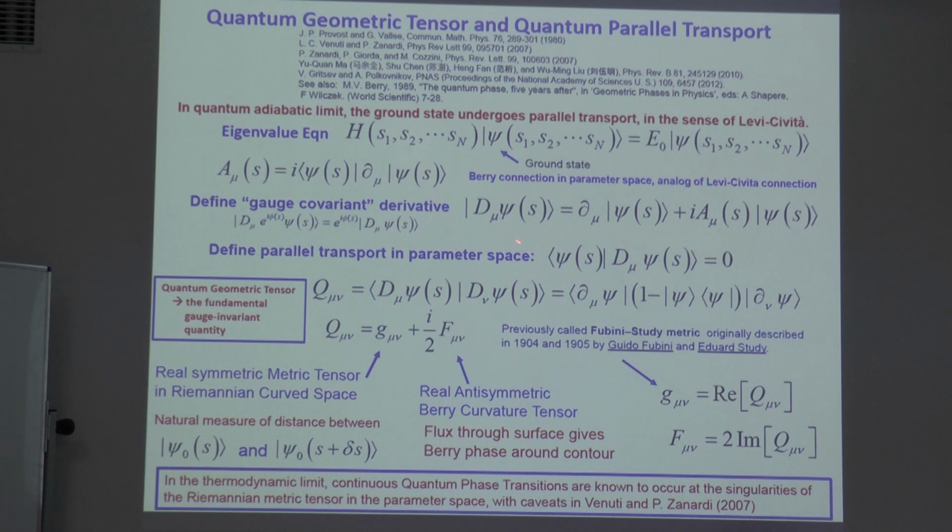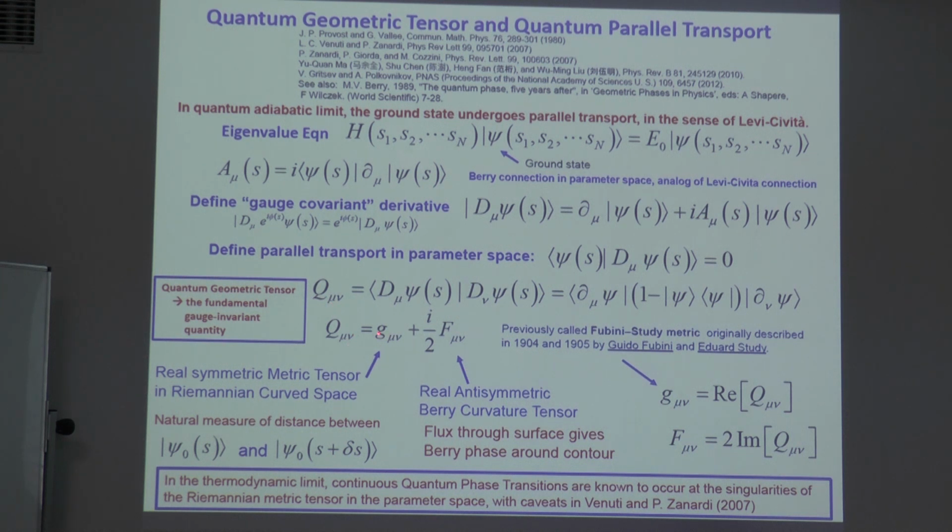And now that we have this concept of the gauge covariant derivative, there's this quantum geometric tensor, and just bear with me because we're almost there. It's the gauge covariant derivative with respect to mu on psi, inner product with nu, and the tensor is mu nu. The importance of this is that it has two parts.